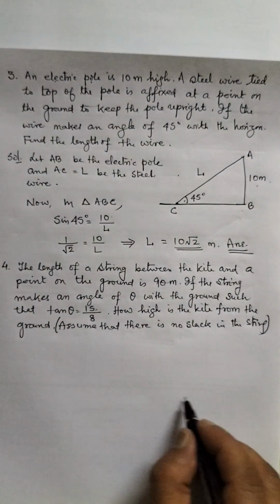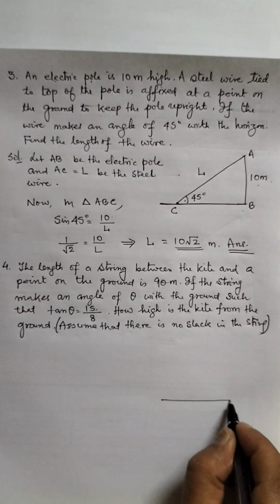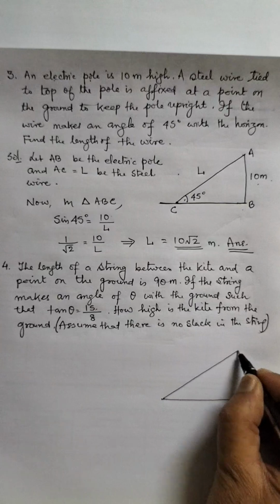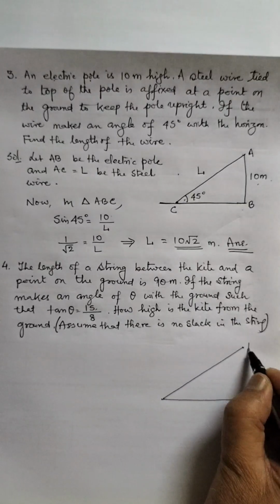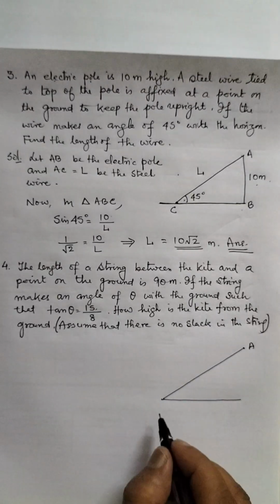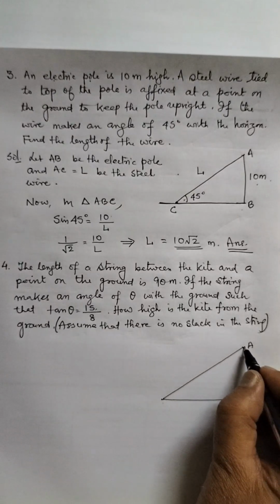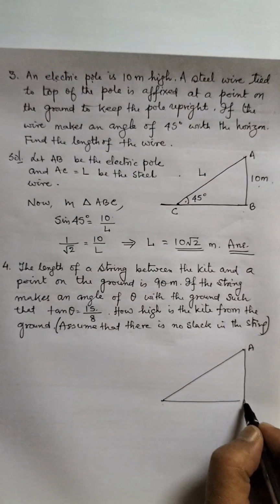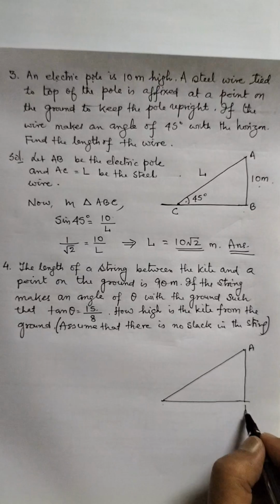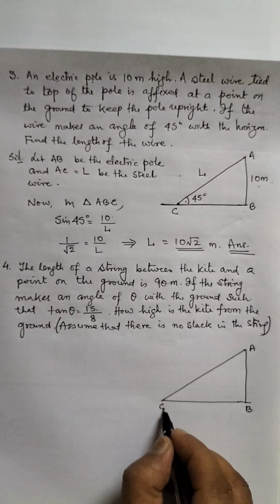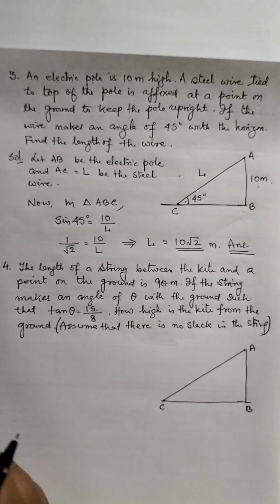Now here, suppose this is the ground, a point, kite is flying, say kite is at A, this is the point on the ground, and this is the height of the kite from the ground, AB, and this is the point C where the observer is.